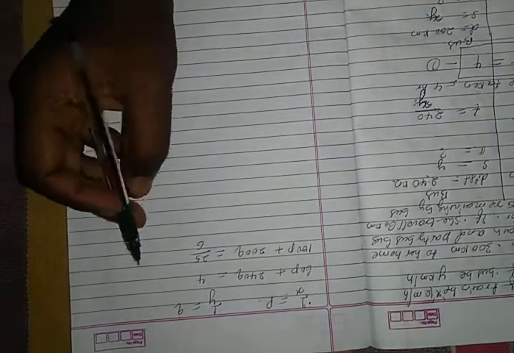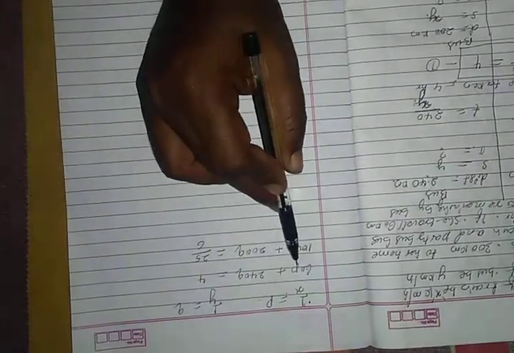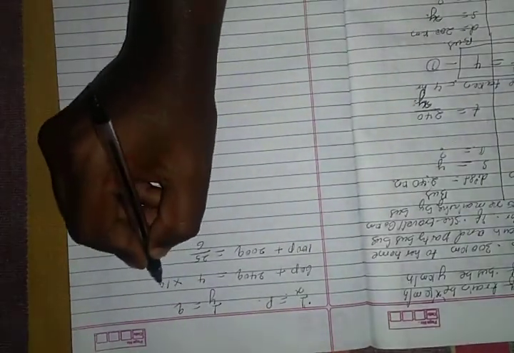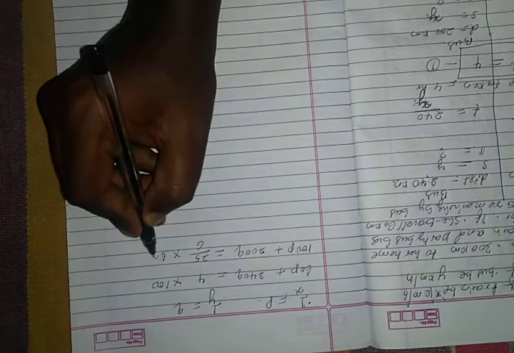Let us balance the coefficient of p, that is multiply equation 1 by 100 and equation 2 by 60.